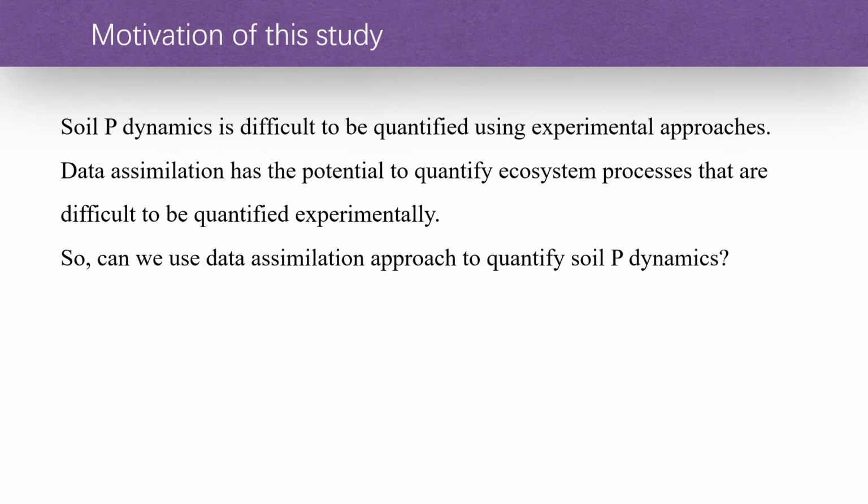Soil phosphorus dynamics is difficult to quantify using experimental approaches. Data assimilation has the potential to quantify ecosystem processes that are difficult to quantify experimentally. So we were wondering, can we use data assimilation to quantify soil phosphorus dynamics?